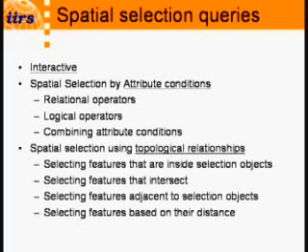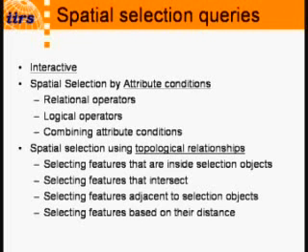Then spatial selection using topological relation. Now this is a very good utility which has been incorporated in ArcGIS, and also if you see in Quantum GIS there is only one spatial selection relationship included, that is intersect. That is the only one you can use. I'll show you how you can use this spatial selection.